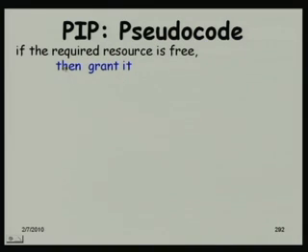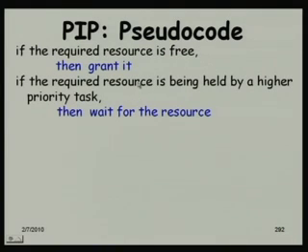Whenever a resource is available and a request is there, it is granted. So, you do not check the priority, whether it is low priority or high priority, nothing. As long as the resource is available, it is granted. If the required resource is held by a higher priority task, then wait for the resource, nothing needs to be done, because this is not a priority inversion situation, is it not?